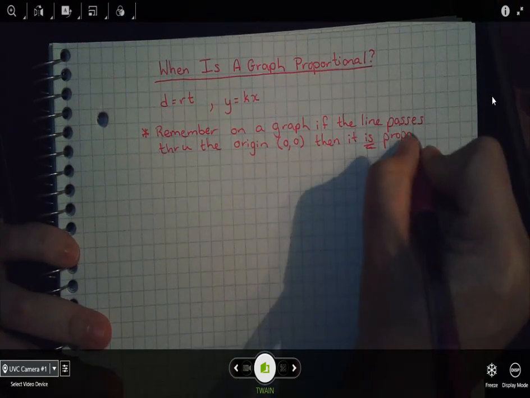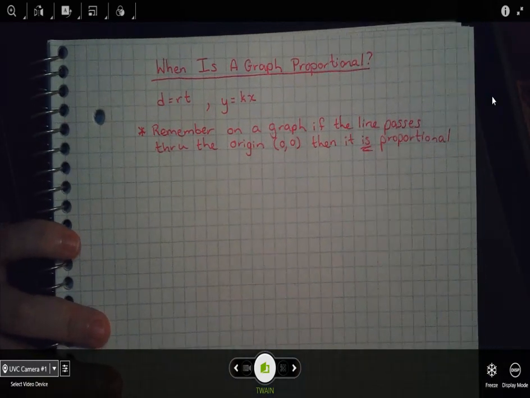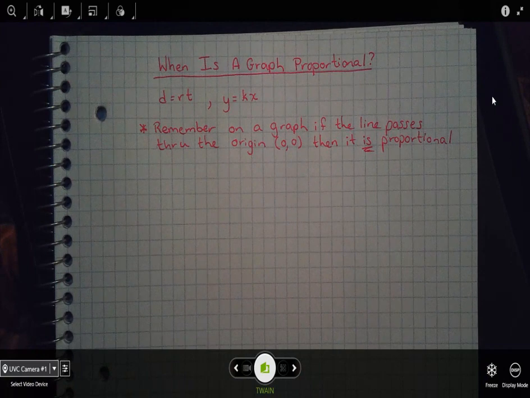So that's what we talked about before Christmas break. And that's what we're going to look at today. We're just going to be looking at different graphs and deciding, is it proportional, yes or no? So when you're looking at a graph, you are literally looking to see, does it pass through the origin?